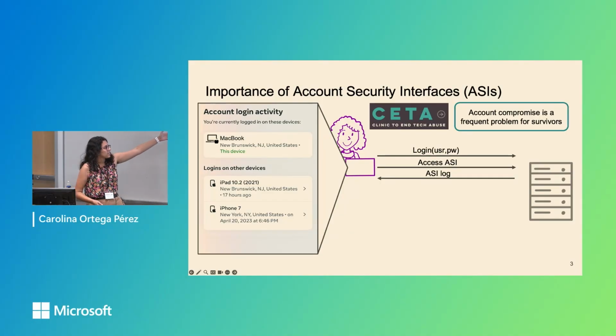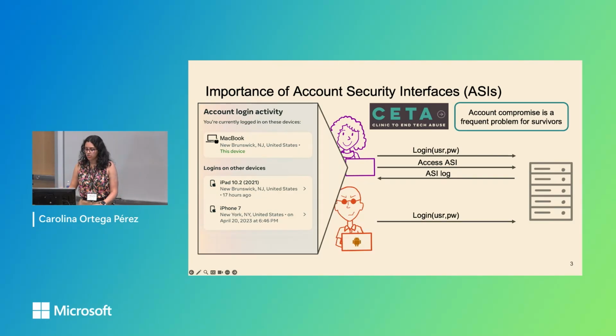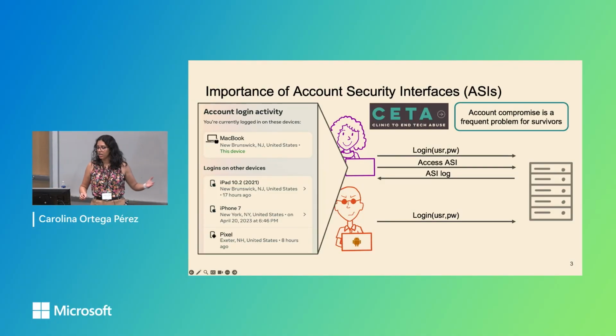ASIs are interfaces like the one that you can see here, where one can see the activity on the account, which devices it has been logged in at. And so the idea is that if an abusive partner who authenticates as the user logged into the account at some point, then during the appointment, we would find an entry about it. And then depending on the situation, we might suggest removing the malicious device and changing the password.